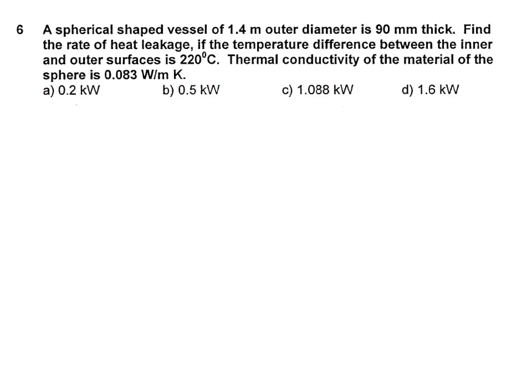Next: a spherical shaped vessel of 1.4 meter outer diameter is 90 mm thick. Find the rate of heat leakage if the temperature difference between the inner and outer surface is 220 degrees Celsius. The thermal conductivity of the sphere is 0.083 watt per meter Kelvin. It's a spherical shaped vessel.